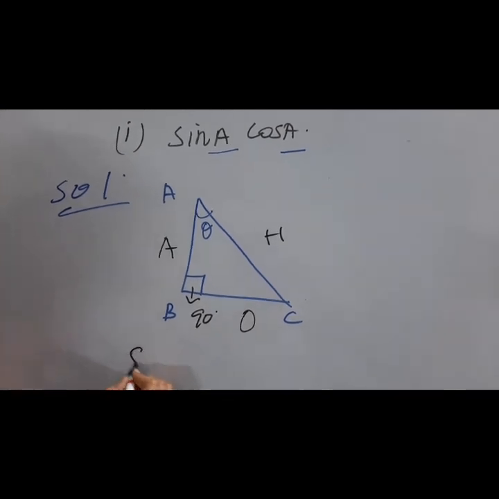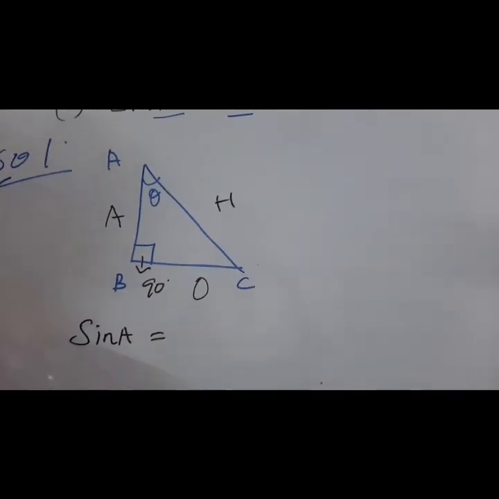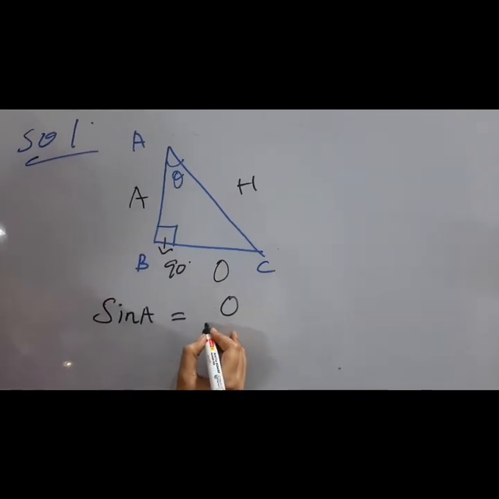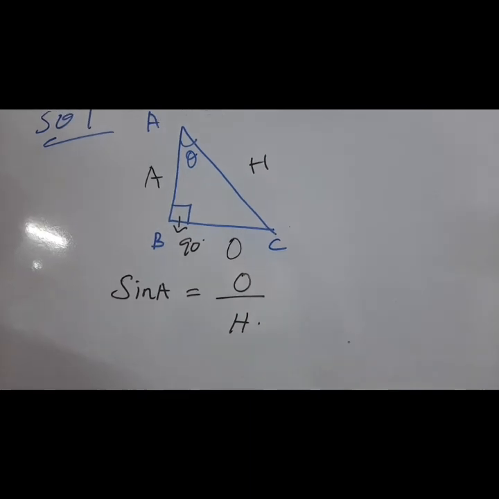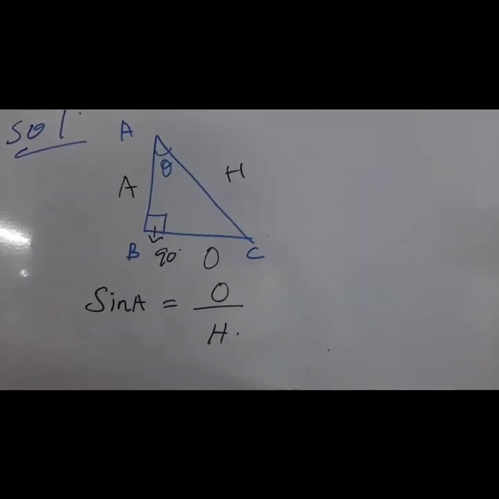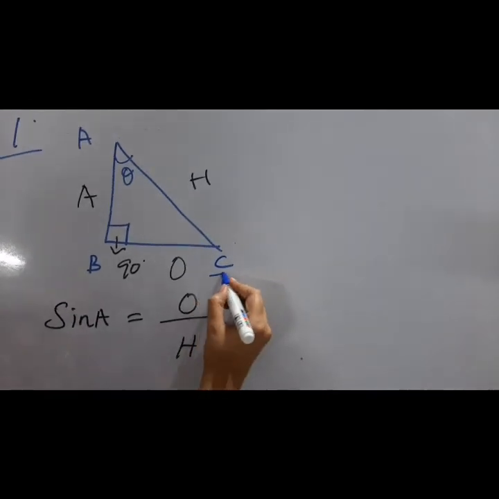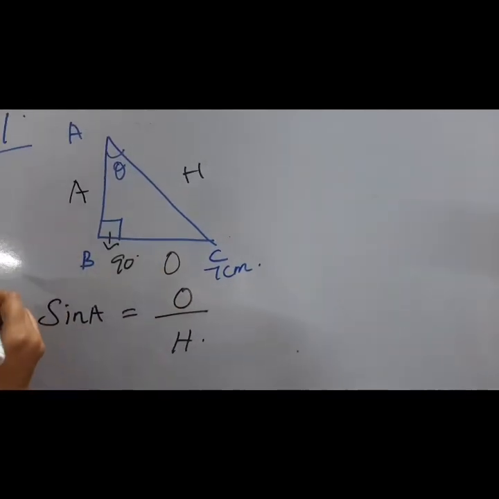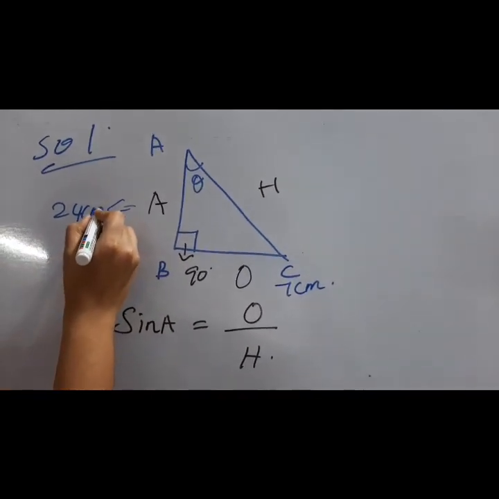First we are going to calculate sine A. Sine A is defined as opposite upon hypotenuse. Here the measures of the sides are given: BC is 7 cm and AB is 24 cm.